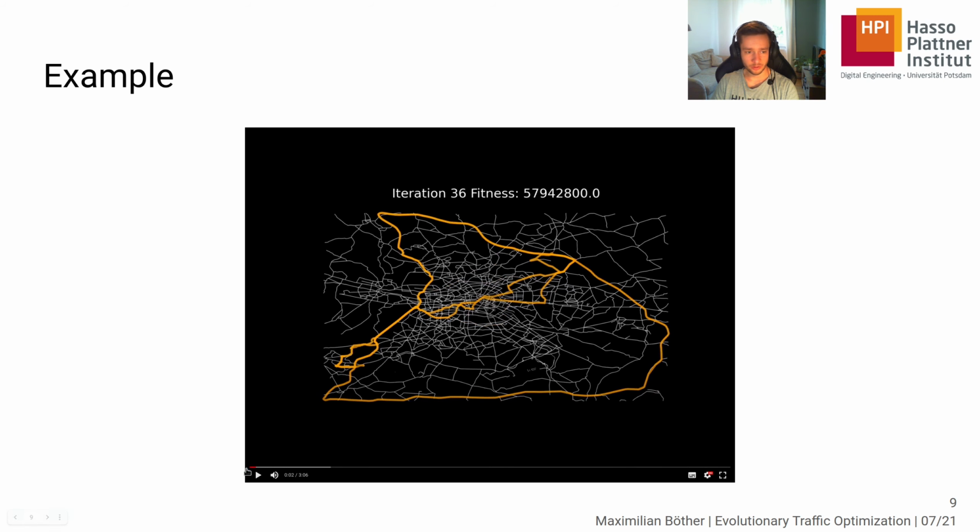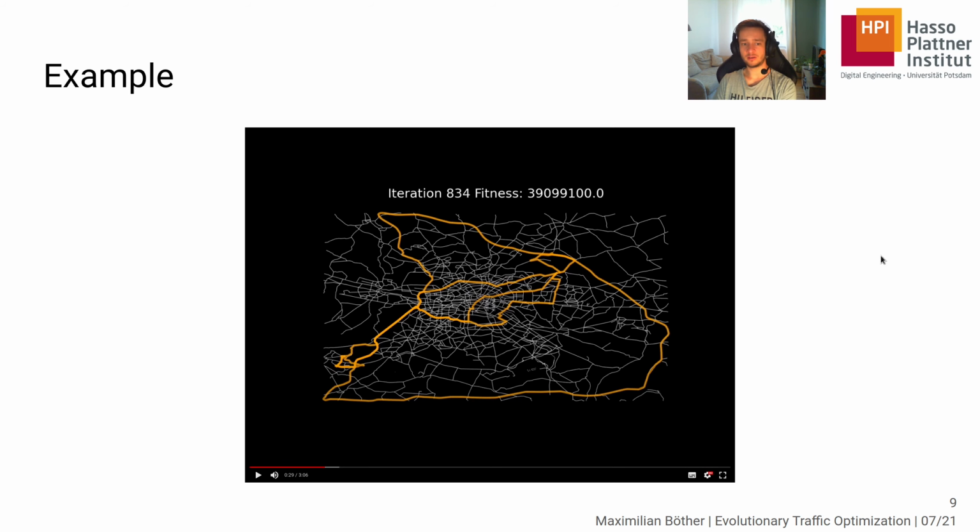We can already see at the beginning that we have similar routes, like using the Autobahn here, and then the algorithm tries out different options of going through the city. It also does some local optimization here. So you can really see that the algorithm is trying out different things, continuously optimizing the overall travel time, trying out local optimizations, larger subsegments, smaller subsegments, and this is basically the visual intuition of how our algorithm performs.